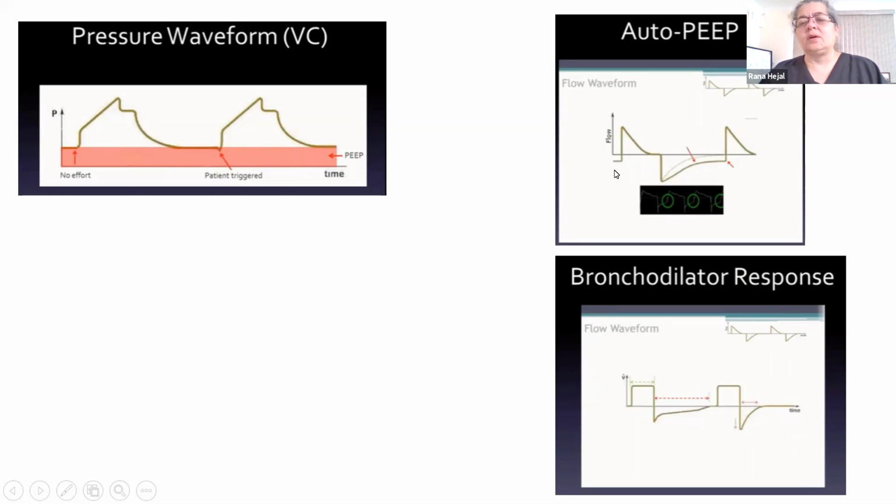Auto-PEEP is another thing, like air trapping, and intrinsic PEEP can be determined by simply looking at the exhalation flow, and you realize that the breath never ends, and the next breath comes in.